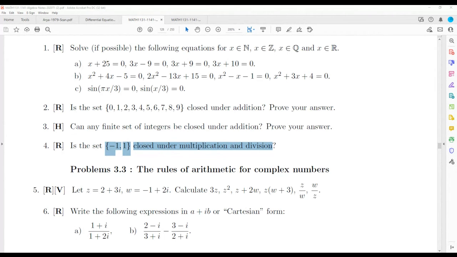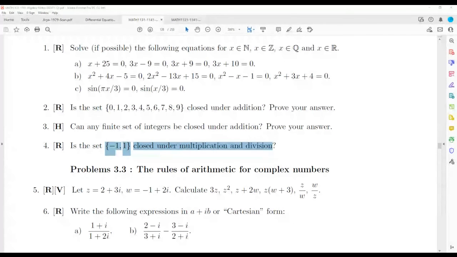Louisa says yes. Anyone else want to challenge that? Paranita, what do you think? Do you think it's closed under multiplication and division?